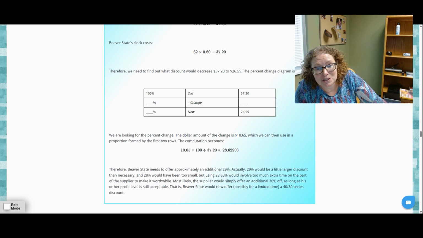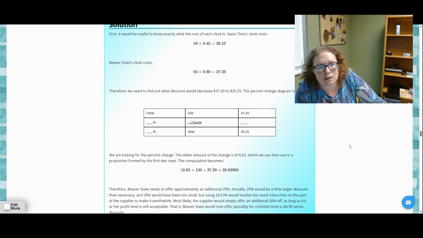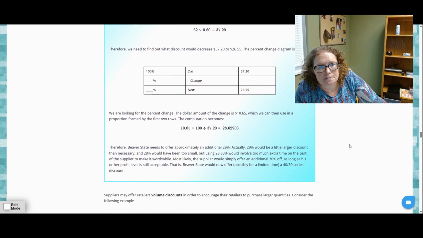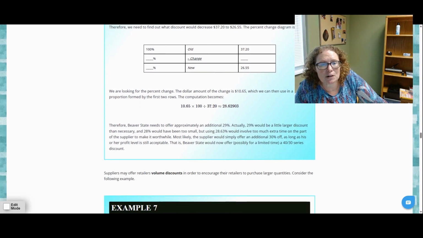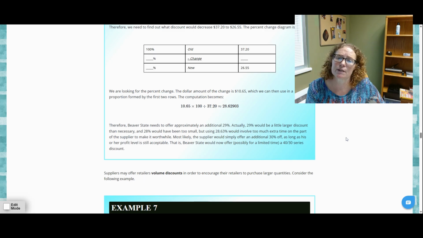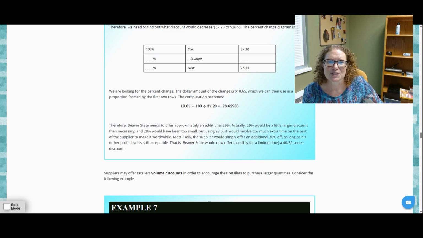So it really could be 28, but we probably would end up looking at 30. So it would look like probably a 40-30 discount. And a company can do that for a short time if they know that there's something going on in the market or something like that.